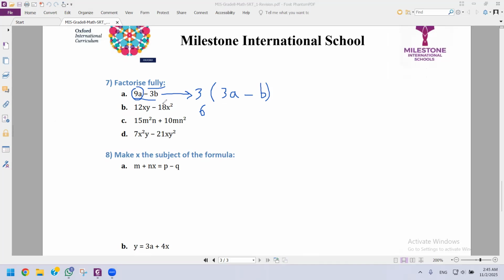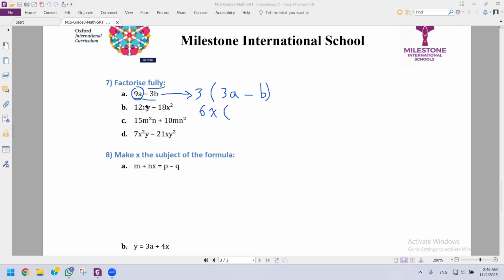So we said 12 and 18 is 6. Now let's check the letters. I have 1x here, I have 2x here. You know, in highest common factor, what do I pick? The lowest. So I will pick 1x only. Now here I have 1y, here there's no y. Highest common factor, what do we pick? Nothing.